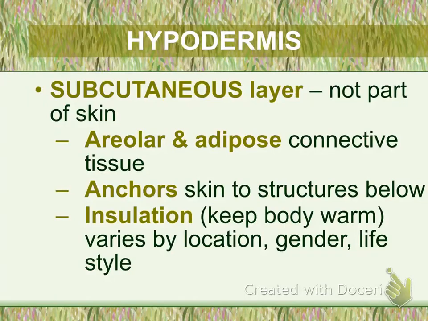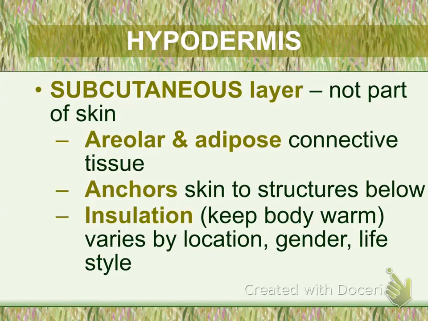The last and deepest layer is called the hypodermis, also called the subcutaneous layer, but it is not part of the skin. Okay, so there are only two layers of skin. The hypodermis is an additional layer that anchors the skin to the underlying tissue, and it is made up of areolar and adipose connective tissue.